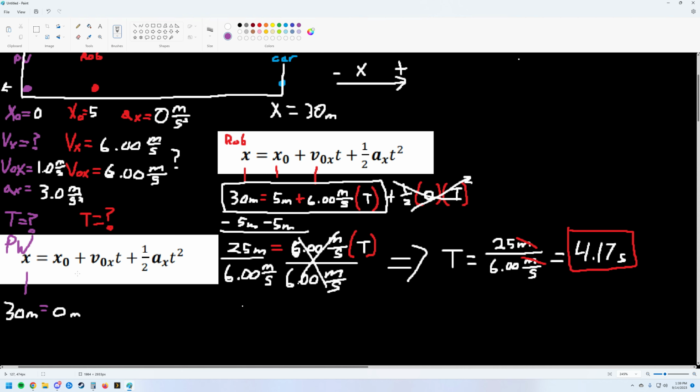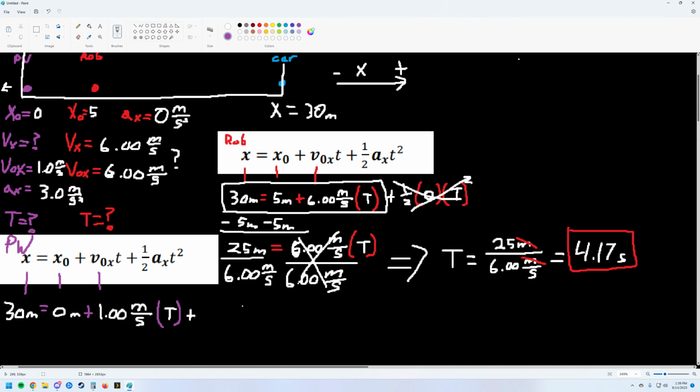We're looking for our initial velocity for her, which we know to be 1.0 meters per second. She's walking pretty quick, before she started chasing him. So it's 1.0 meters per second. That'll be times the time, which we're trying to figure out.